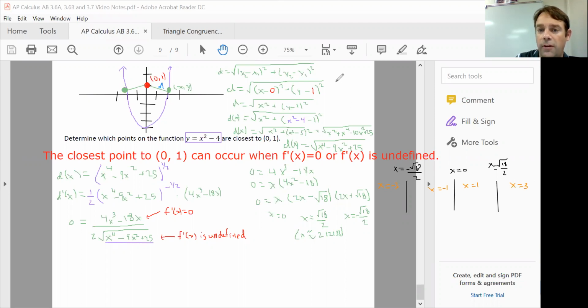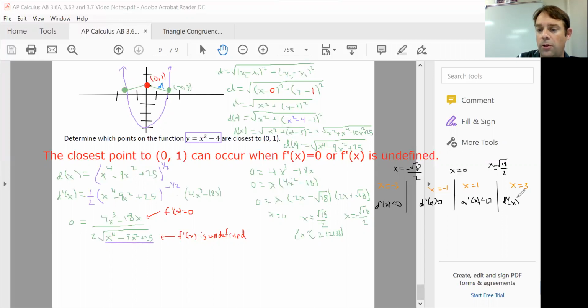So when we test our values, it turns out I end up with a derivative that is less than 0. Why am I using f? I'm using d today. And then when I plug in -1, I end up with a derivative that is greater than 0.